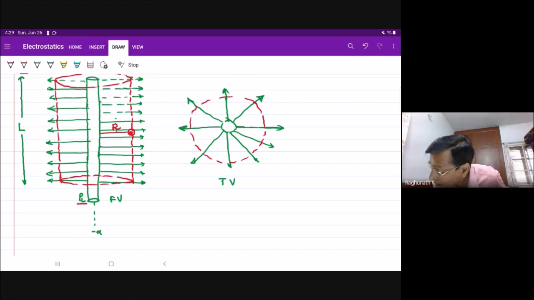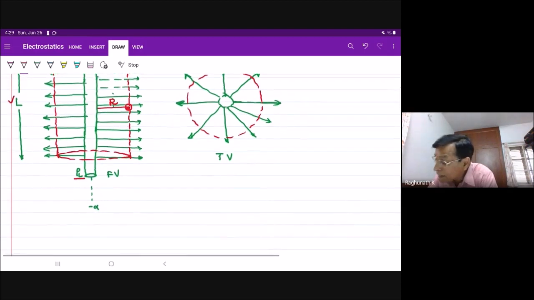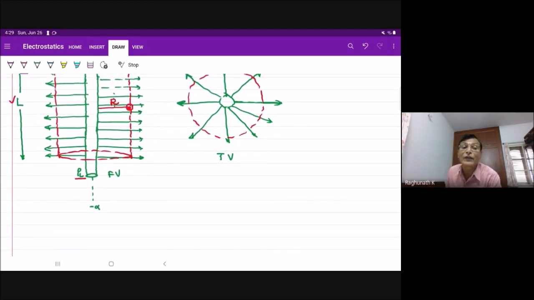If rho L is the charge density and L is the length of the cylinder considered, number of flux lines passing through the cylindrical surface is what? Psi is equal to L into rho L, because all the lines which are created by the charge on this length L of the line charge will go radially out and pass through the cylinder and go out.